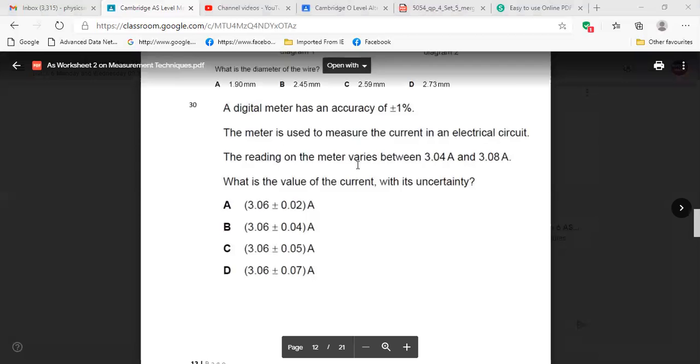You write here minimum I. Minimum I equals 3.04 minus 0.01 multiplied by 3.04 equals, what is the reading coming? Check.